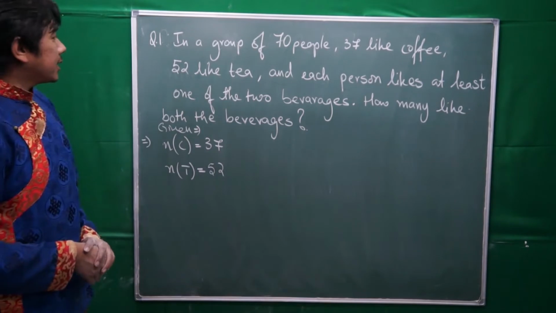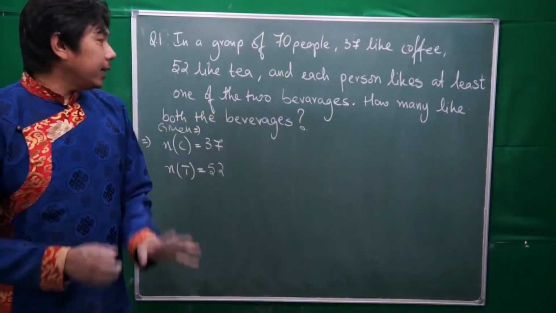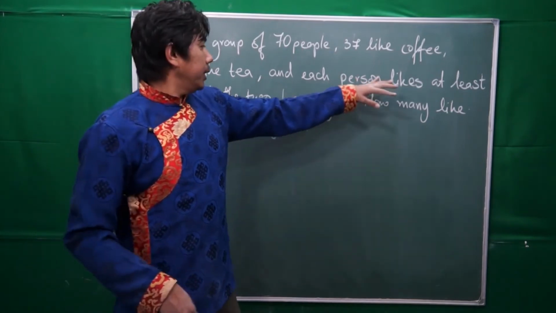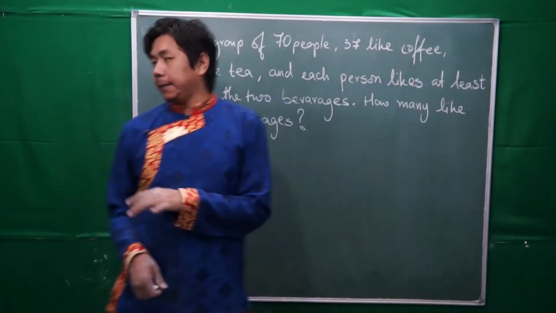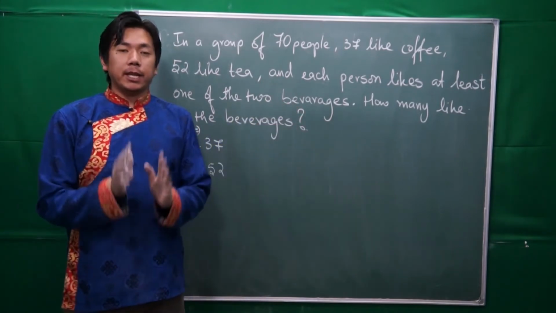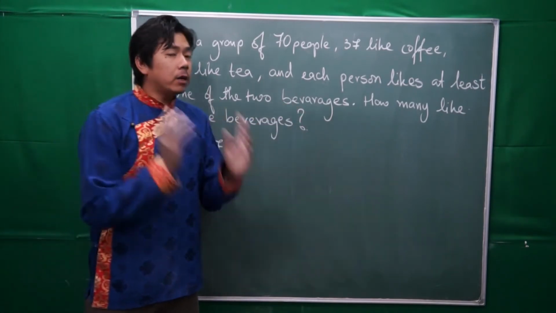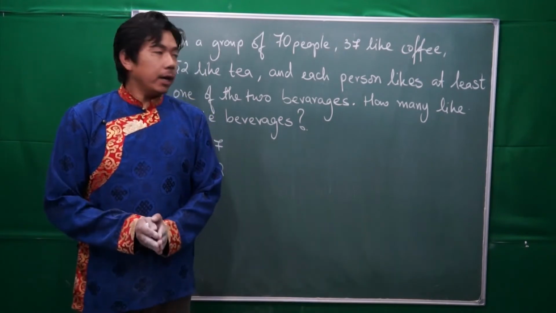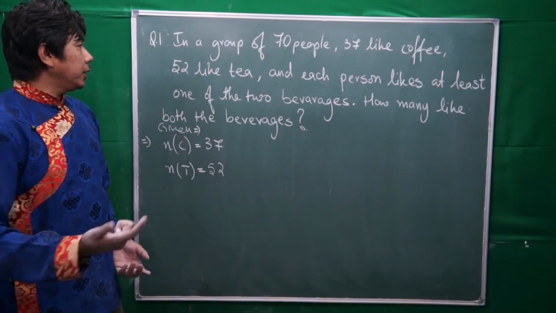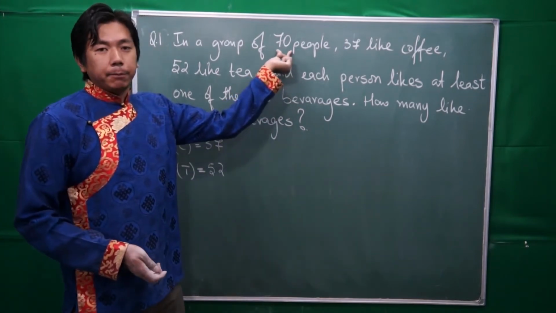And as you can see, it has been said clearly that each person likes at least one of the 2 beverages. That means each person has to like either coffee or tea or both of them. So that means the union of the coffee people and the tea people is a total of 70 people.